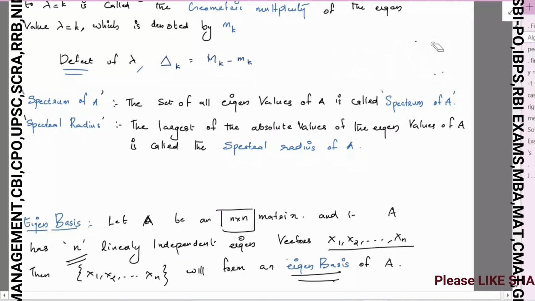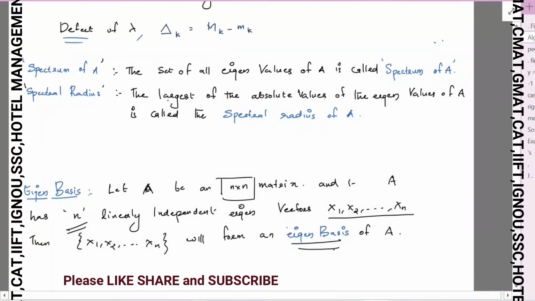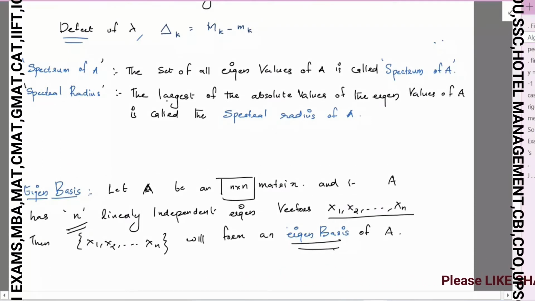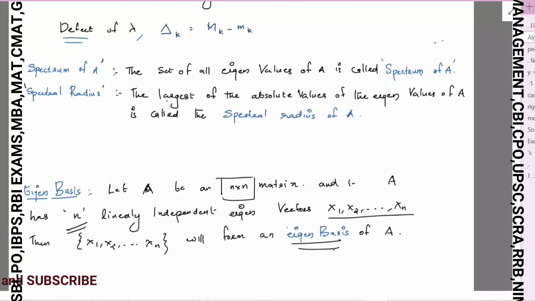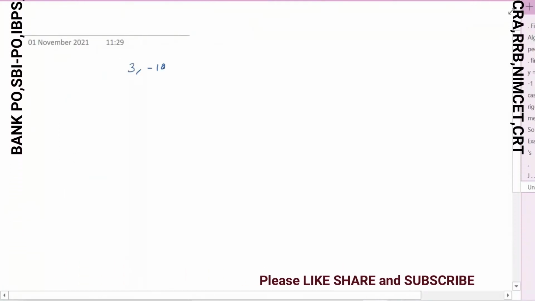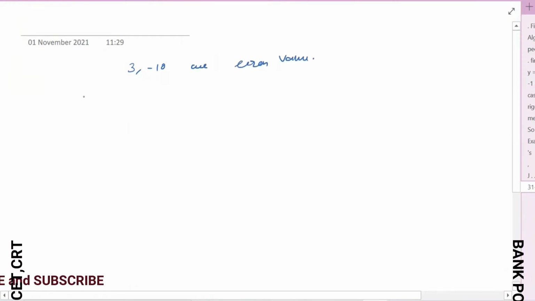Then spectral radius. Spectral radius means the largest of the absolute values of the eigenvalues of A. That is called the spectral radius. For example, if 3 and minus 10 are the eigenvalues, then what is the spectral radius?